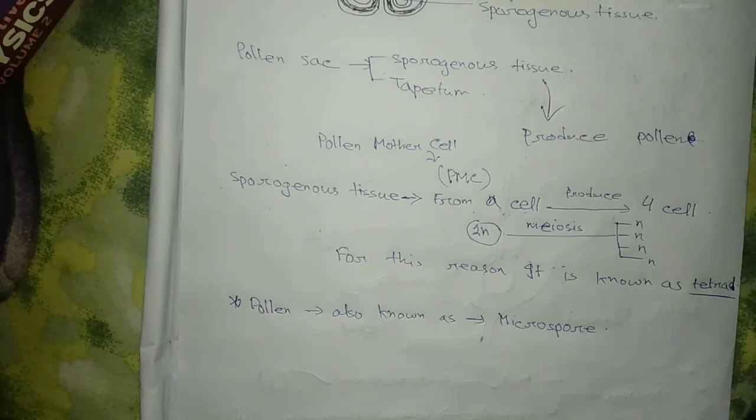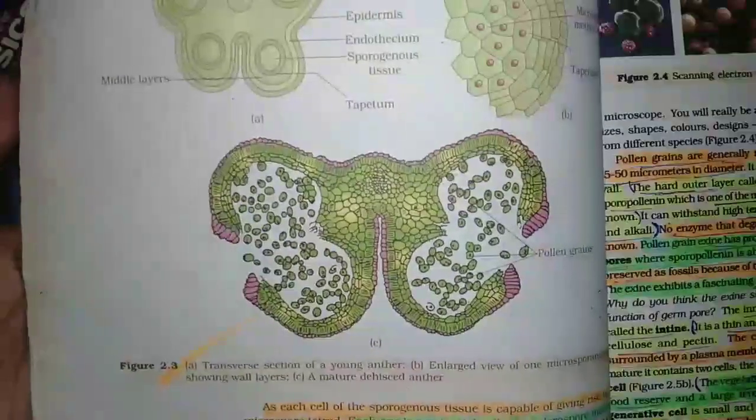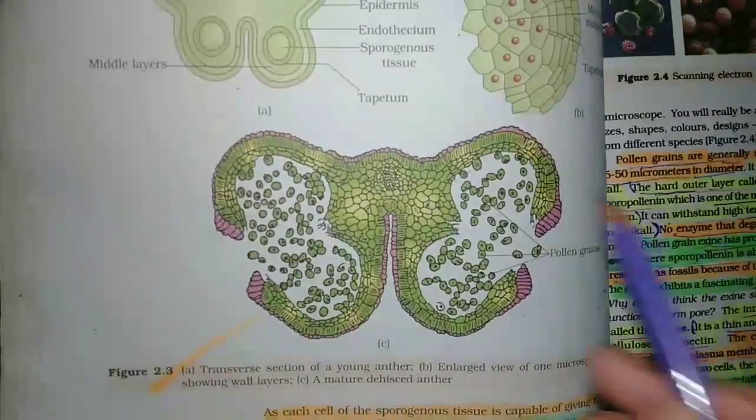First of all, I have told you about the four thecae, and when I was discussing the pollen sac, I told you everything, but I didn't tell you how pollen is released. How pollen is released is an important role.